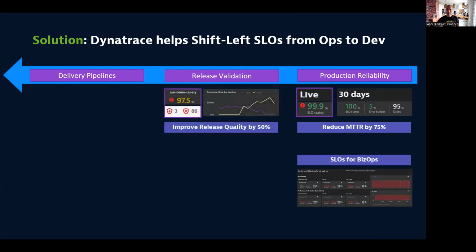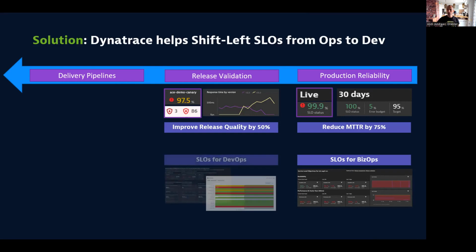But then we want to shift left, meaning you want to also watch out for your SLOs as part of your releases. So as part of your release validation, here I will show you how you can use SLOs and additional metrics, leading indicators, security metrics in the decision on whether a release is good or not. And this is really what I like about this, call it SLOs for DevOps, SLOs for your pipelines, SLOs for release validation.